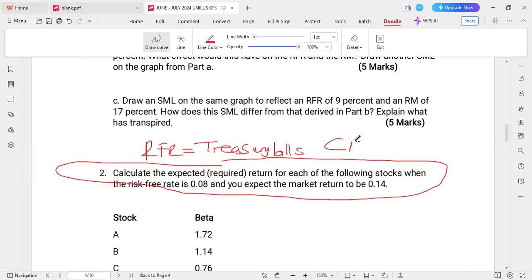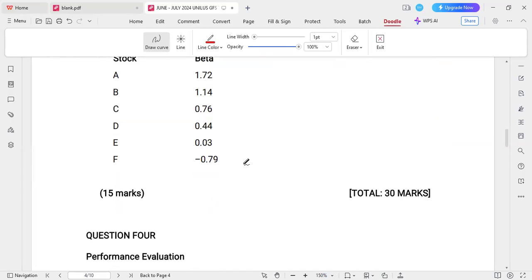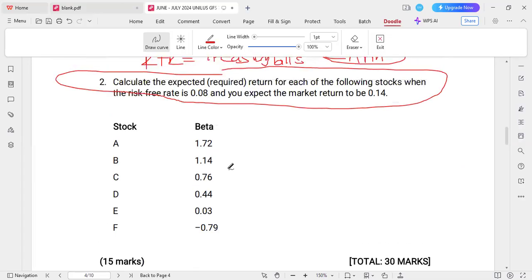So this one is using the capital asset pricing model. For the 15 marks, for the first one, our formula is KE equal to RF plus beta, return of the market minus risk-free.